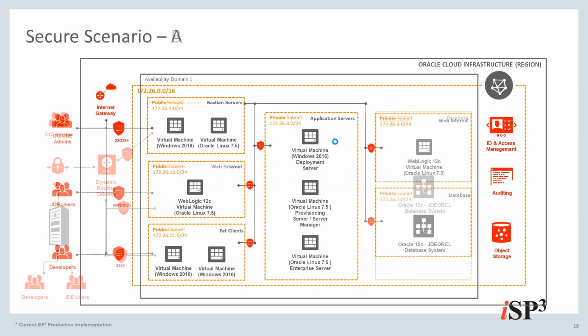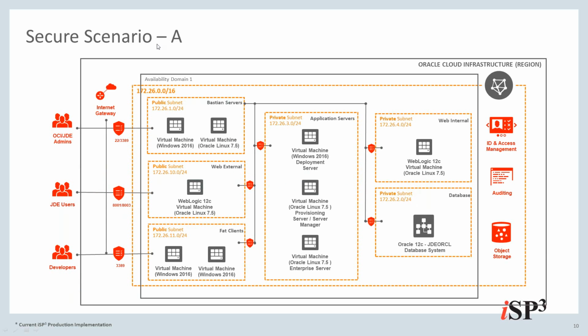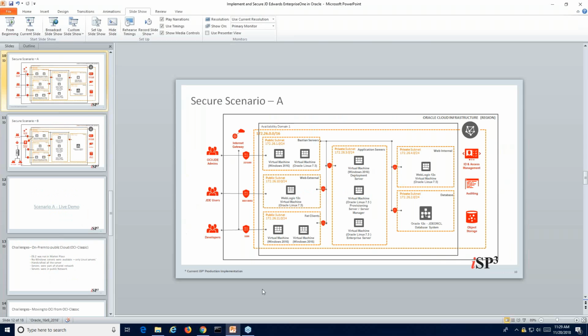What I'm going to show you here is scenario A. As you can see, we have this VCN, which stands for Virtual Cloud Network. In our instance, I have configured two of these diagrams.